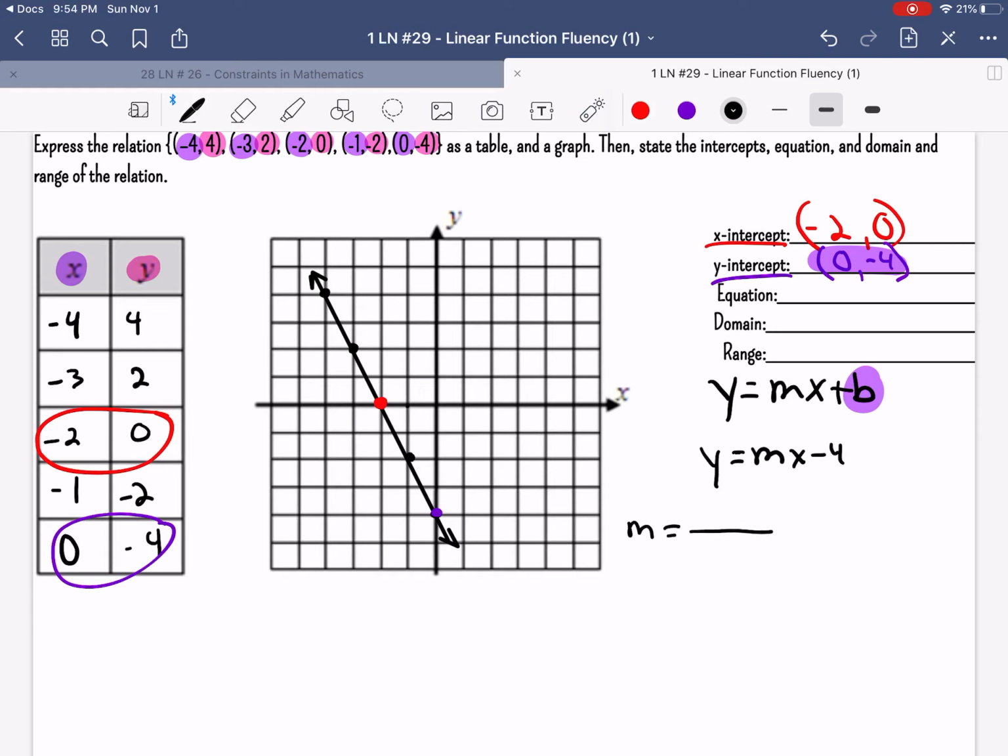Again, m, the slope, equals y2 minus y1 over x2 minus x1. We could pick any points that we want, so I'm going to rewrite the points I'm going to use here. I'm going to use the first point and the second point. Why not?